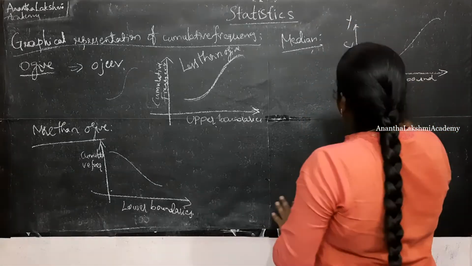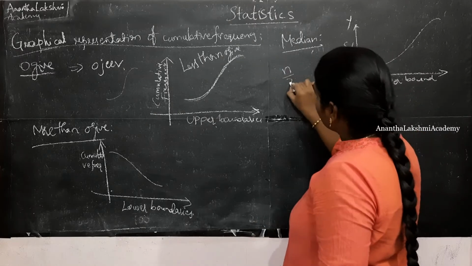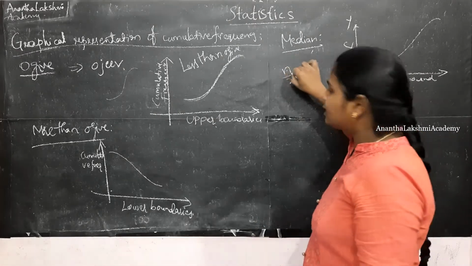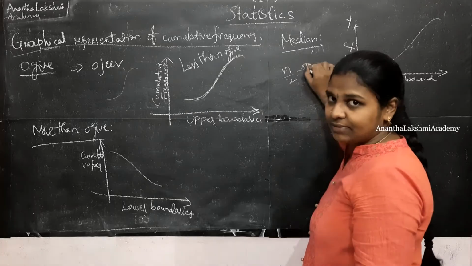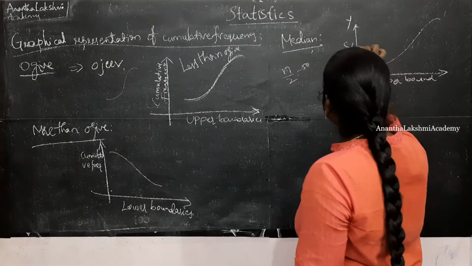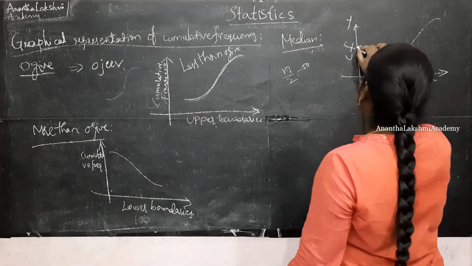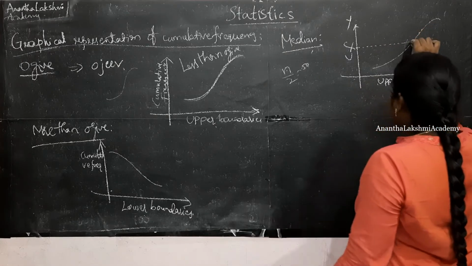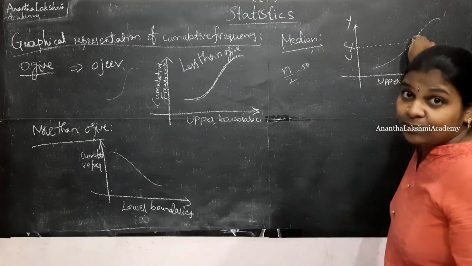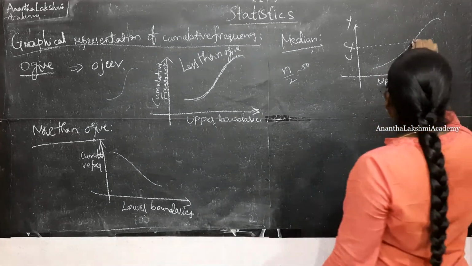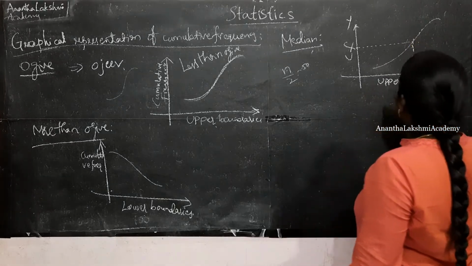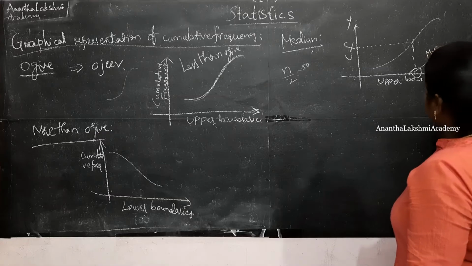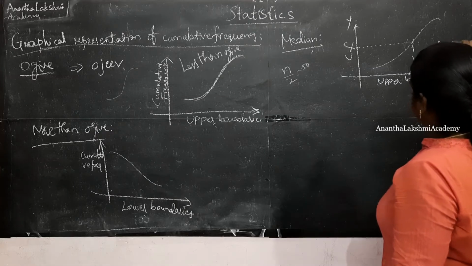Now say I get the value n by 2, right? If n is 100, then 100 by 2 is 50, or some value. If you plot that on the y-axis and draw a line parallel to the x-axis, and draw a perpendicular from the point where it meets the less than ogive curve, then this is going to give us the median.